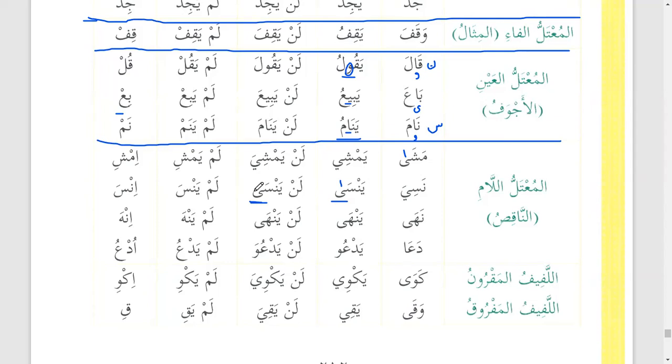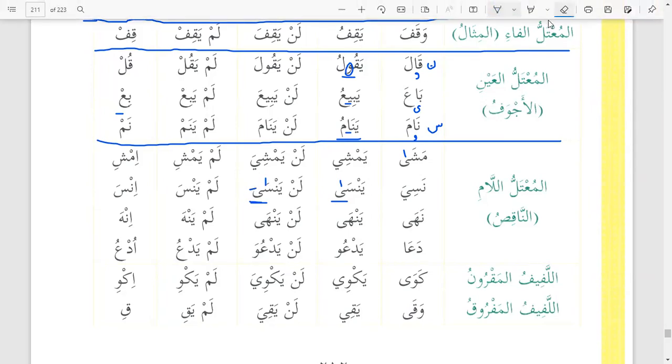So we cannot say lan yansaya. That would be wrong, because when we have ya with a fatha before it, it changes into a standing fatha. That's why we cannot put fatha over here. So it will be lan yansa. Clear?